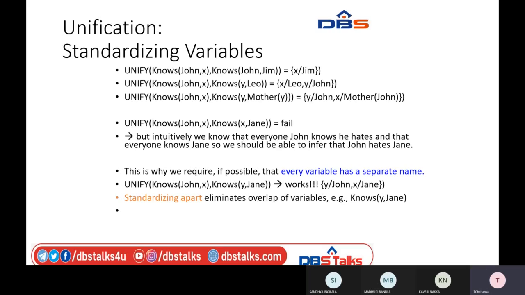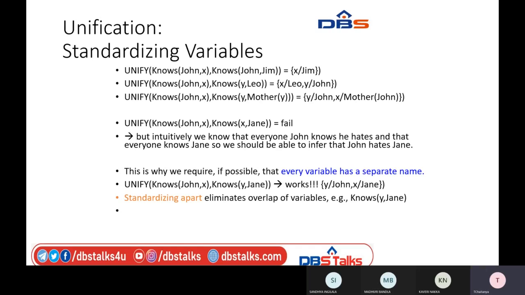Here, John is a name, X is a variable, knows Y is a variable, and Leo is a name. We are assuming that if I replace X by Leo and Y by John, then this makes the unification true.